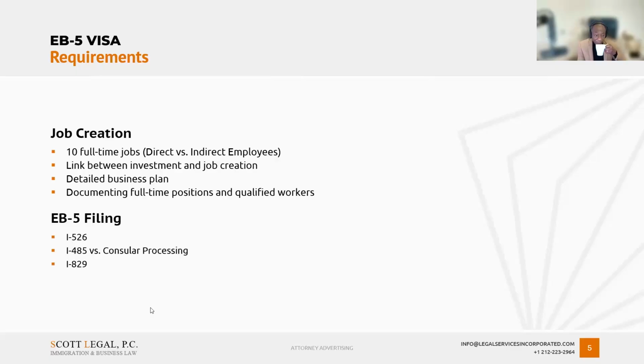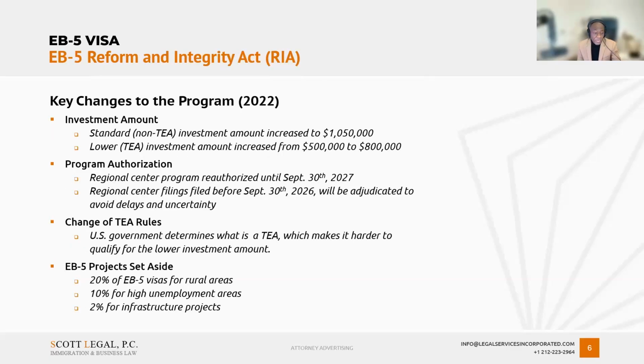So, in terms of the next slide, we are going to talk about some of the changes that happened in 2022. Some of them are very important in terms of things that are coming up this year. One change that I think is really significant is just happening this year.